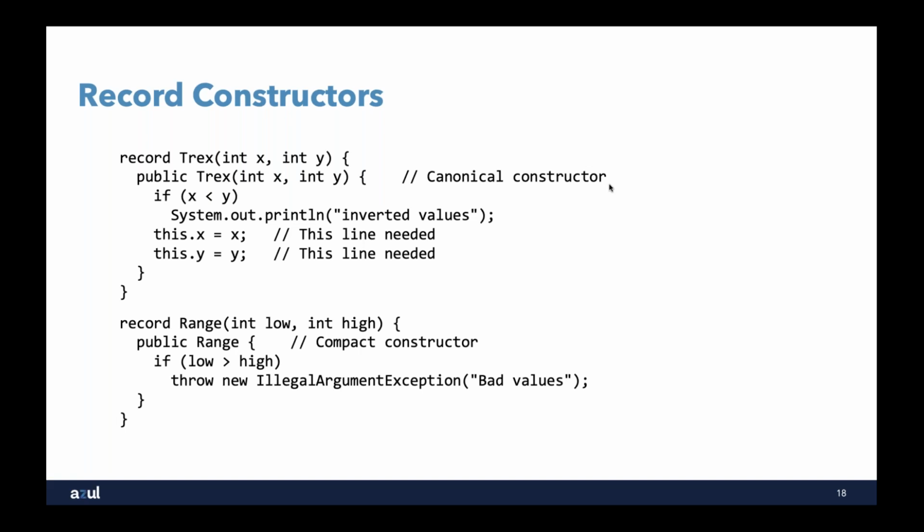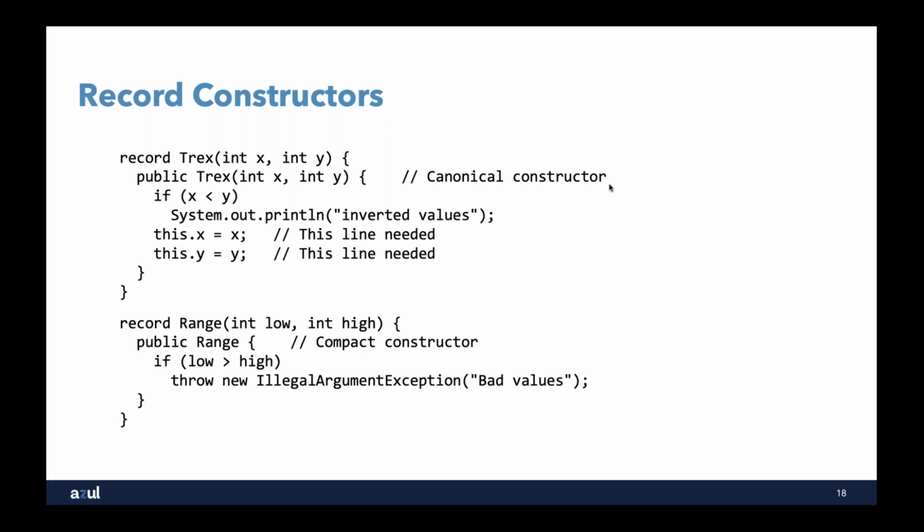We know it's low and high, both ints. We can include our additional logic, which says if low is greater than high, we throw a new IllegalArgumentException. And because we're using the compact constructor, the compiler will add the necessary lines of code to assign the values of the parameters passed in to the instance variables. So again, we're sort of shrinking things down, and this is a nice way of doing things.